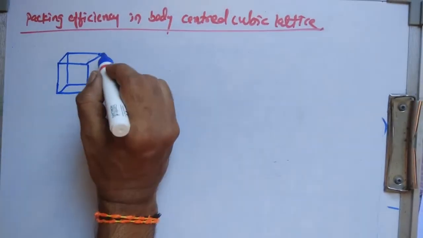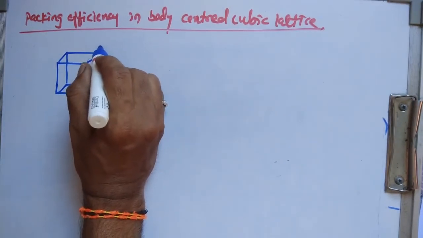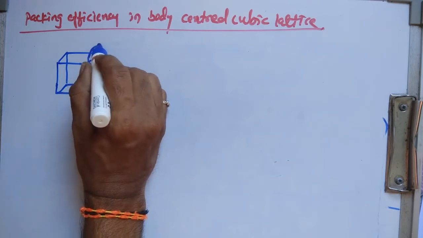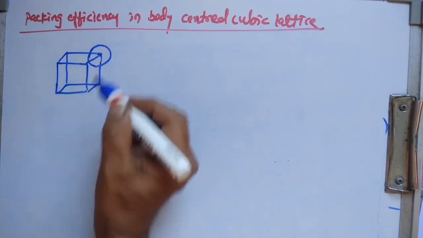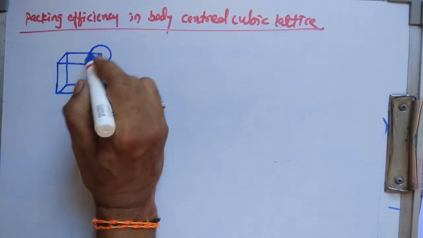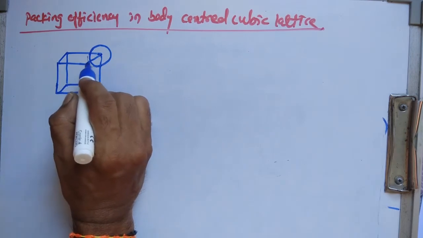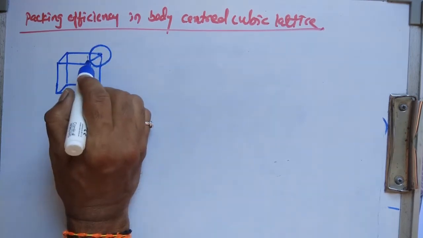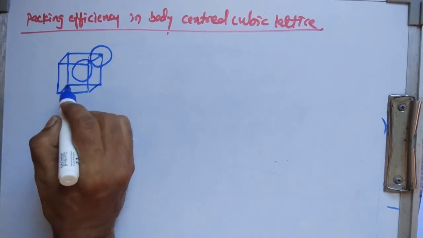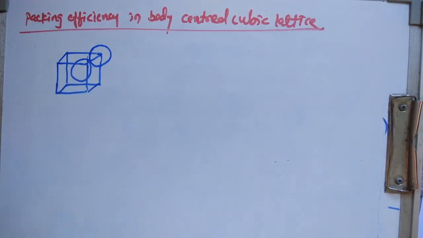Now see, consider one atom at this corner, back corner, and one atom at the center of the cell, and one atom from this.